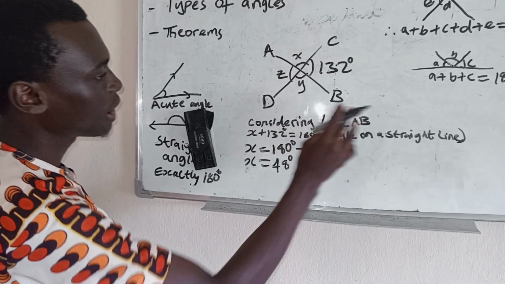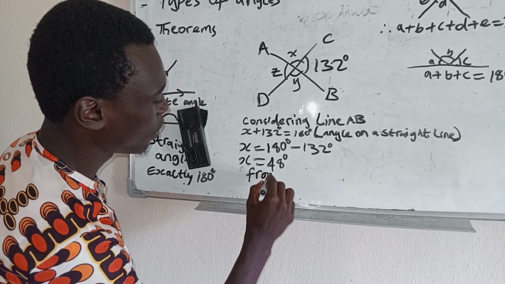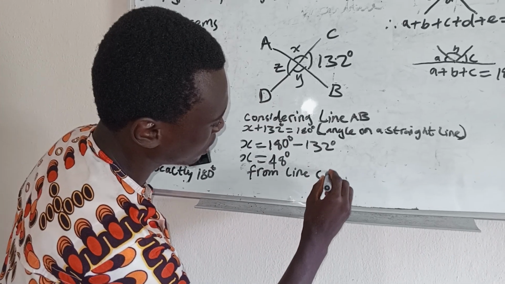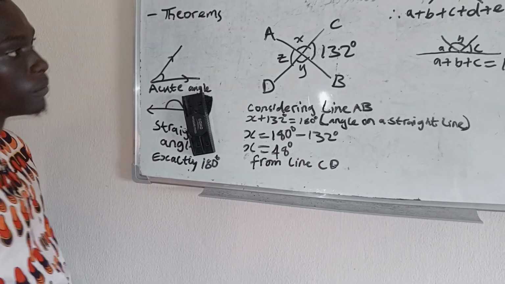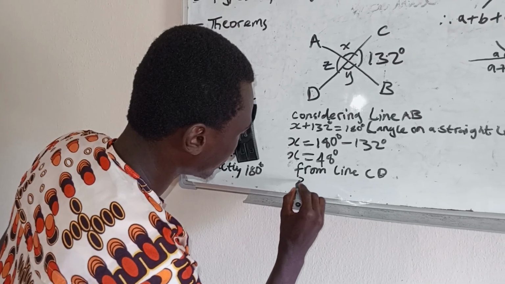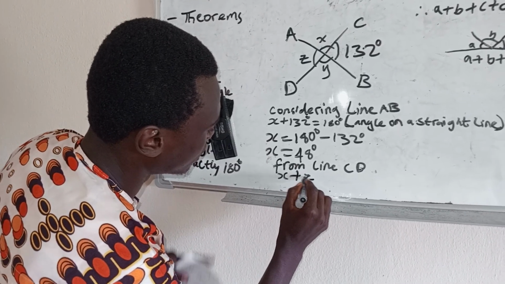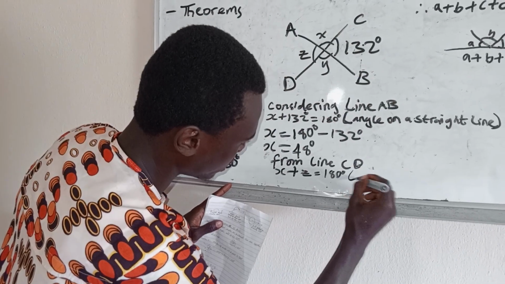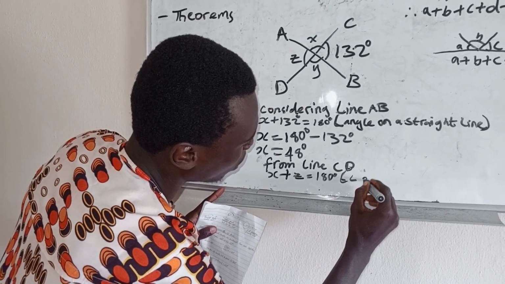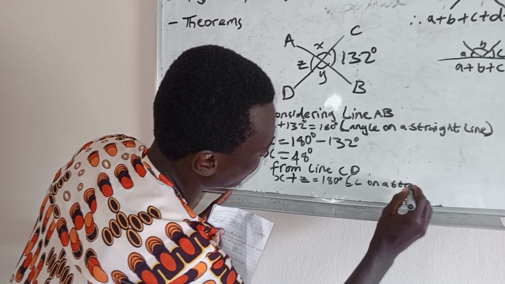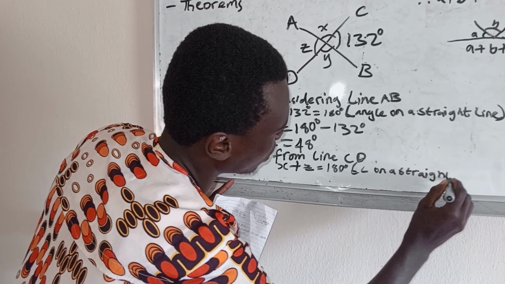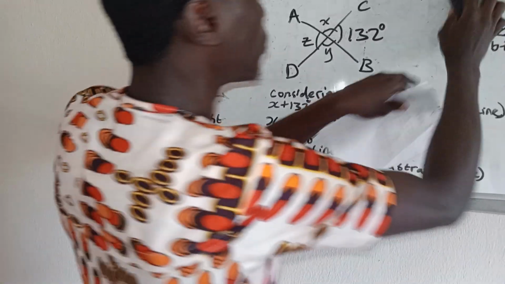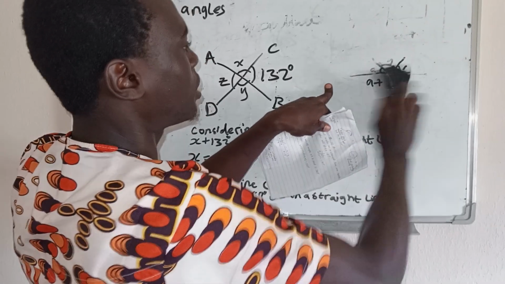Okay, now let's consider line CD. On line CD we have X plus Z equals 180 degrees. Reason: angle on a straight line.